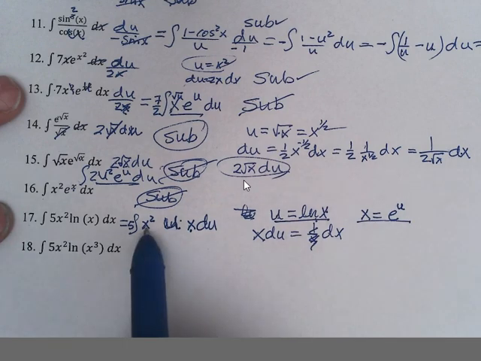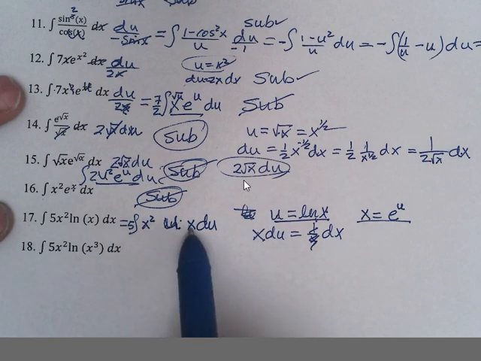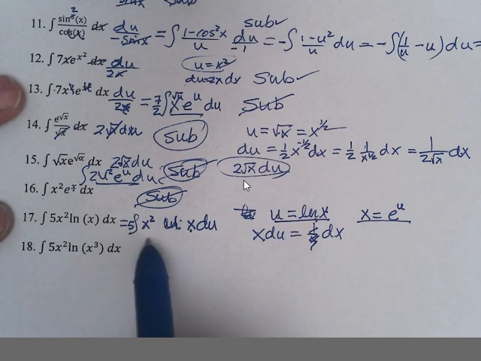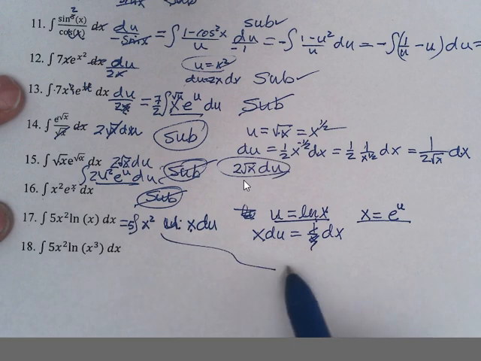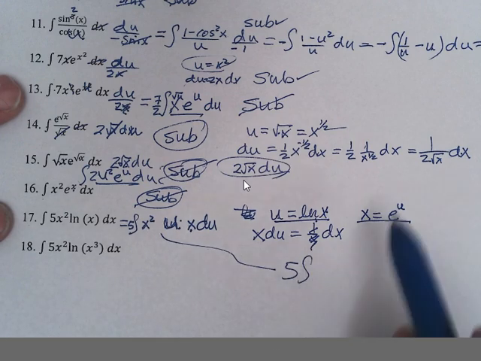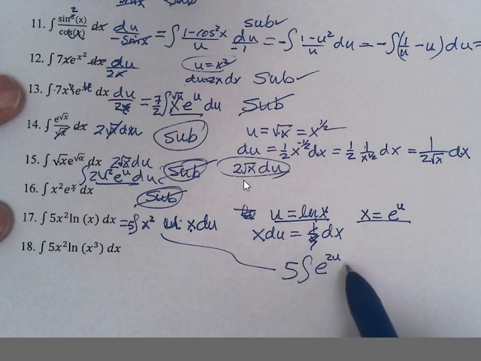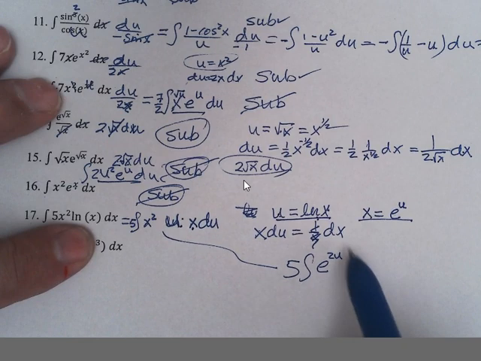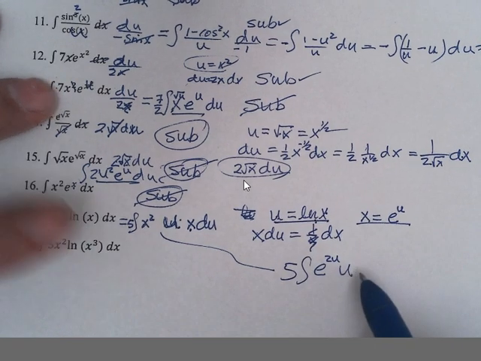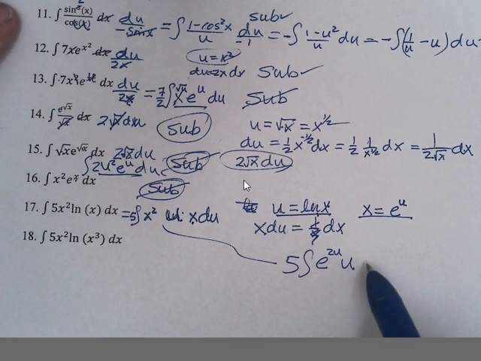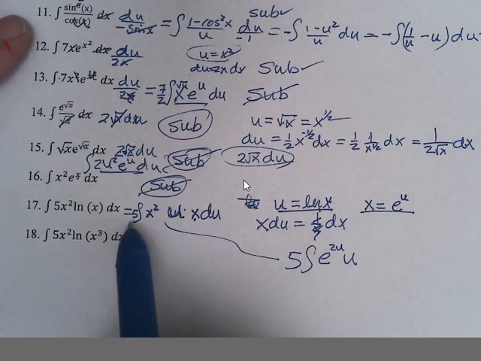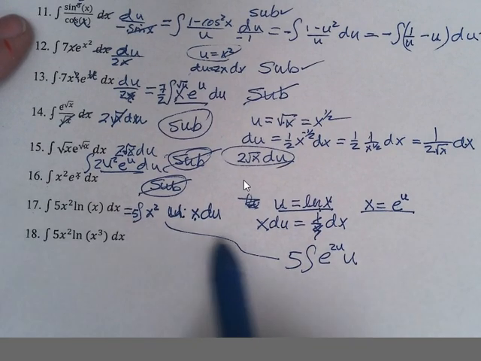So we could replace the x's in here with e to the u, so we'd have 5 integral x to the u would be e to the u squared, so it'd be e to the 2u times ln, which is u, and it's not going so well. So probably not going to do substitution.